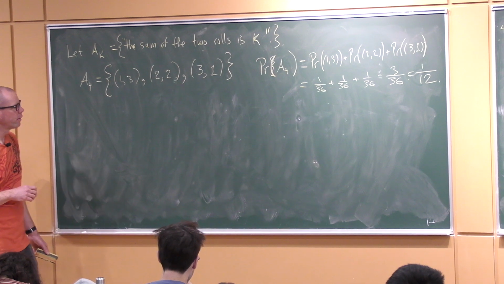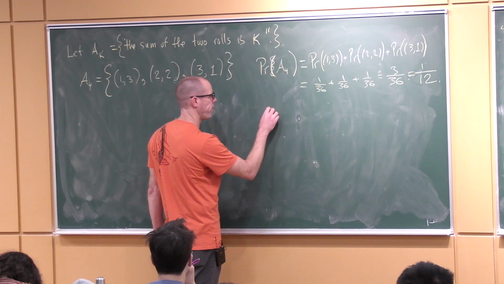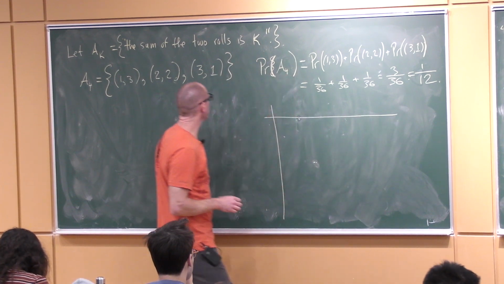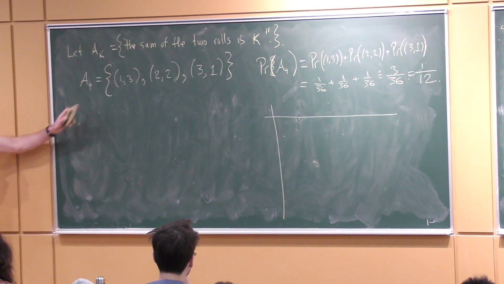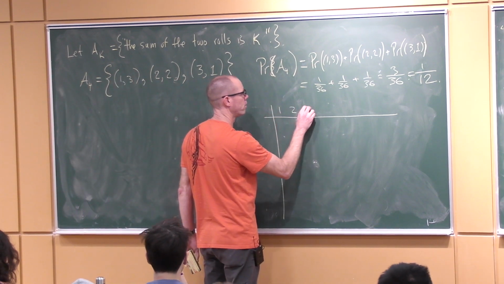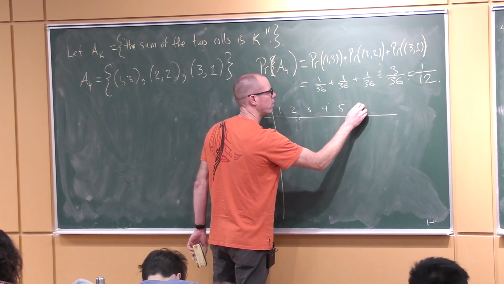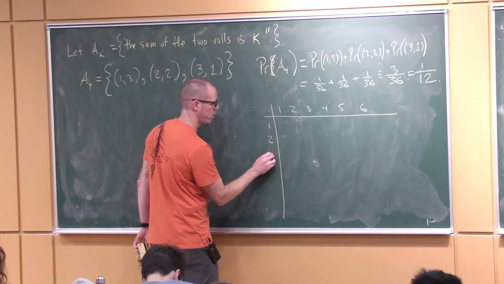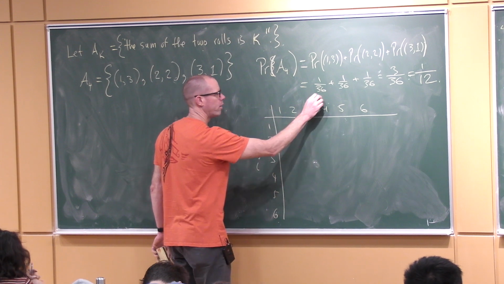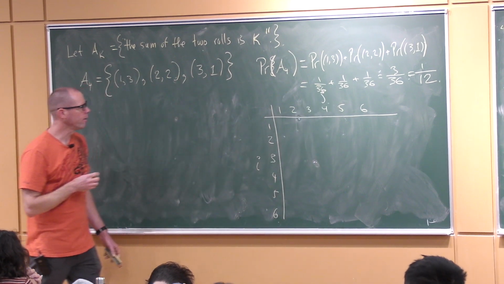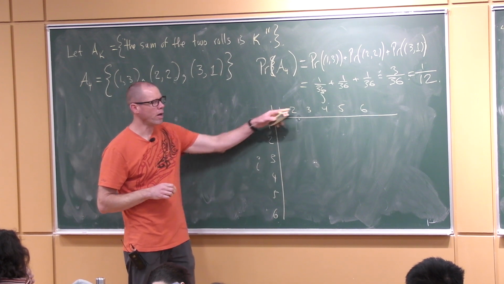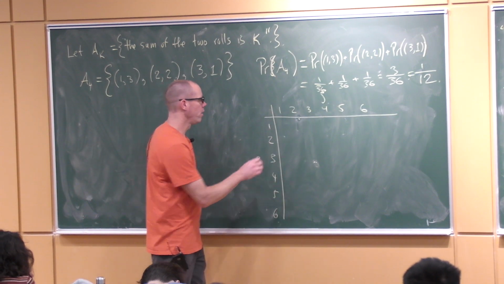All right, now that's just one example, A4, the probability that I roll a 4. What does the picture look like in general? Well, for that, we can draw a little table: here's the value of the first roll, here's the value of the second roll, and what's their sum?